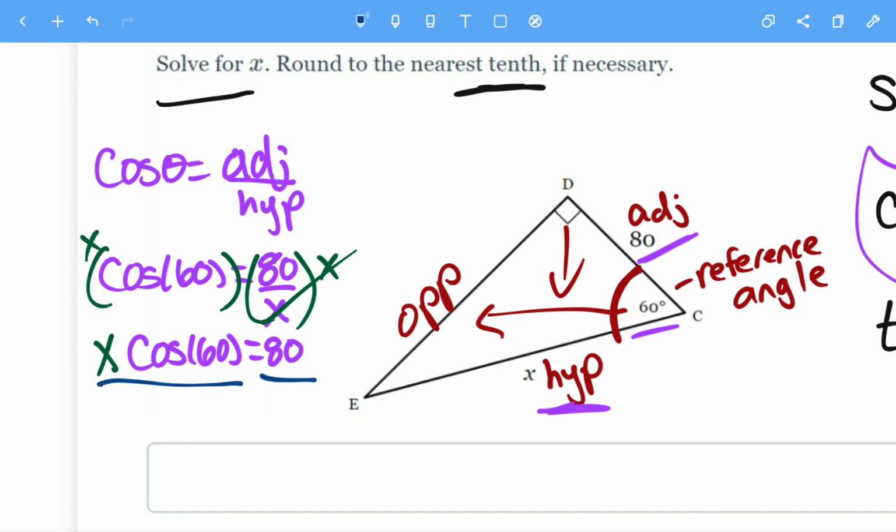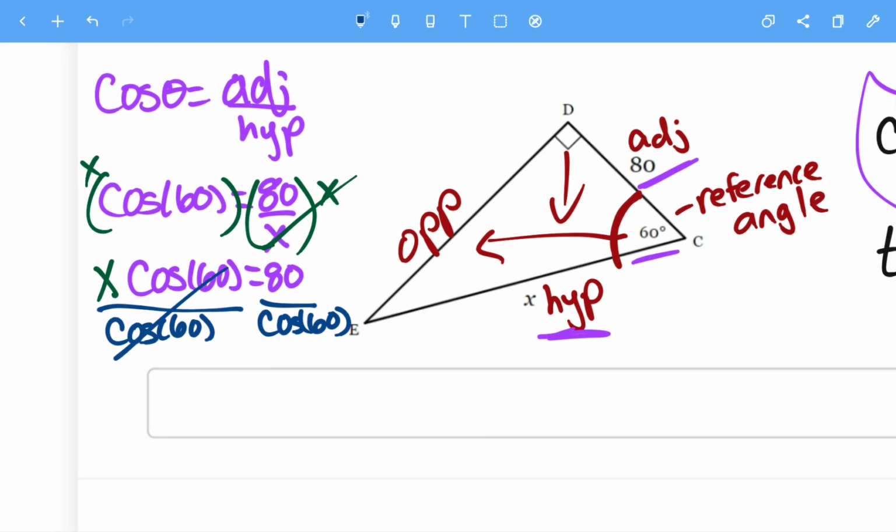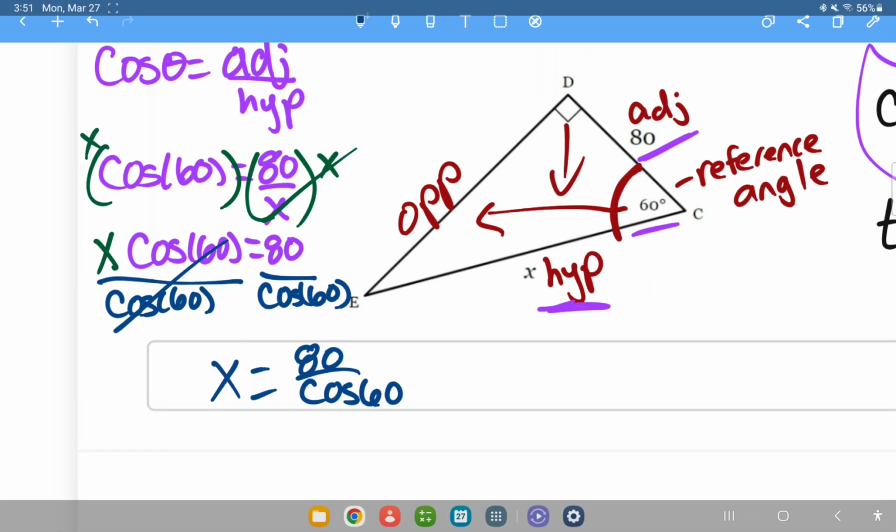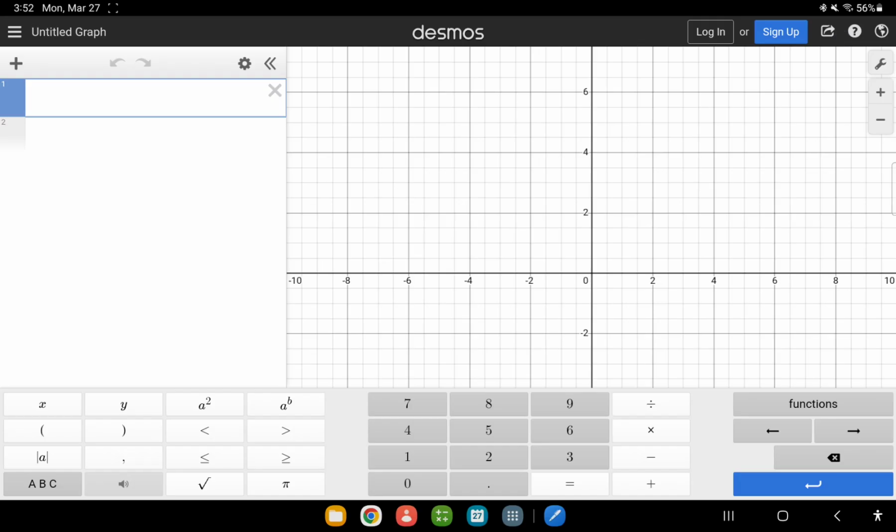Now we divide both sides by cosine of 60 to get x completely alone. And that leaves us with x equals 80 over cosine of 60. Bump that into a calculator.